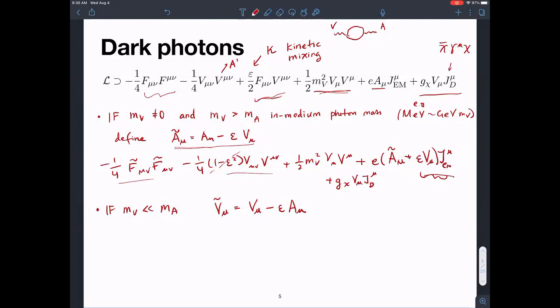And so I won't write all the kinetic terms, et cetera, again, but if we do it this way, then you see we have the following interactions.